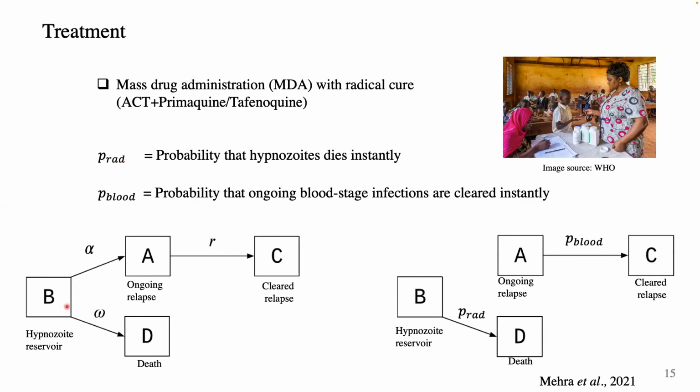So in addition to the hypnozoite death rate, which is omega, there is now an additional rate at which the hypnozoites die, and any ongoing relapse or infection is cleared, in addition to the normal recovery rate, which is r.